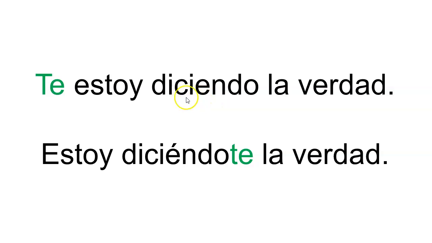Because natural stress, if it ends in a vowel, is the second to the last syllable. That's just the rule. Since this ends in a vowel, the natural stress would be here, but we don't want it there. We want to leave it where it is in the word diciendo, so we have to add the accent mark to keep the stress there. So, estoy diciéndote la verdad. Okay, that's it for this video.